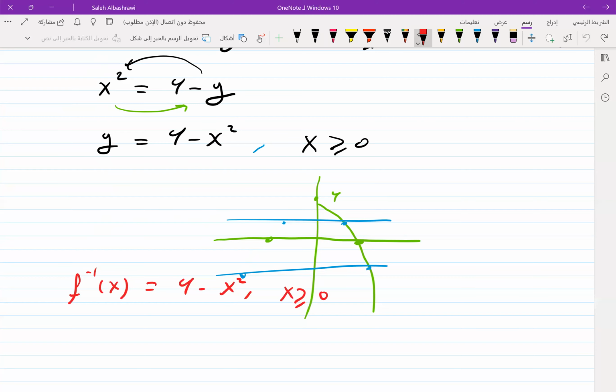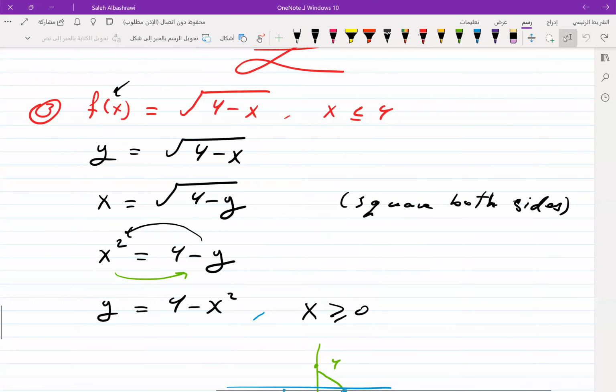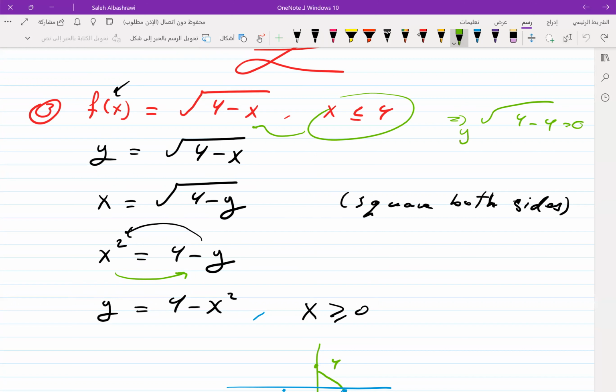If we go back to the original function, f of x equal to square root of 4 minus x, if we replace x by 4, we will have square root of 4 minus 4, which is equal to 0. So y equal to 0. And we said before that the domain of the function equals the range of the inverse, and the range of the function will be the domain of the inverse.